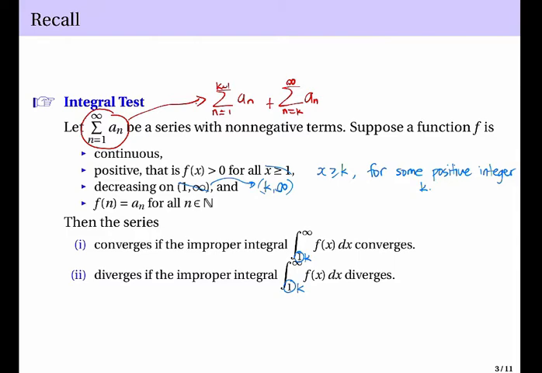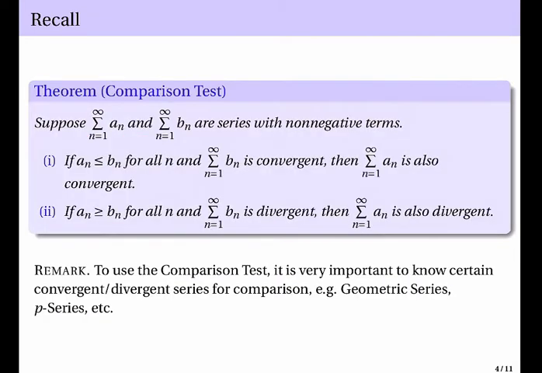Let us recall the next test. We have the comparison test. Let us consider a series with a sub n as terms and another series with b sub n as terms such that a sub n and b sub n are non-negative.